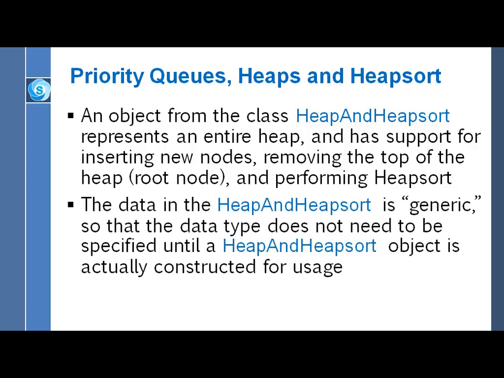Now, just as I did with some previous code, the linked list and the queues before that, I've arranged for this to work with numeric data. So you don't see any specification here of what the data type is for the data that's being maintained by the heap. Instead, down in the testing code that actually constructs a heap and heap sort object, the type of data will be specified.